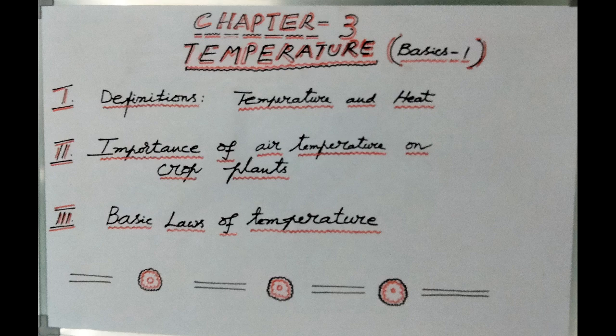The second part is soil temperature. Both air and soil temperatures are entirely different with reference to agriculture, that means crops, animals, and so on.